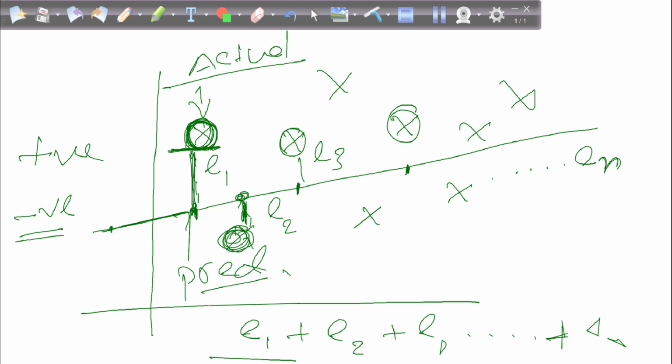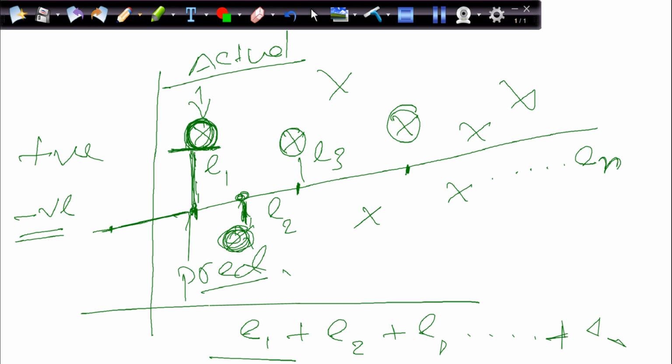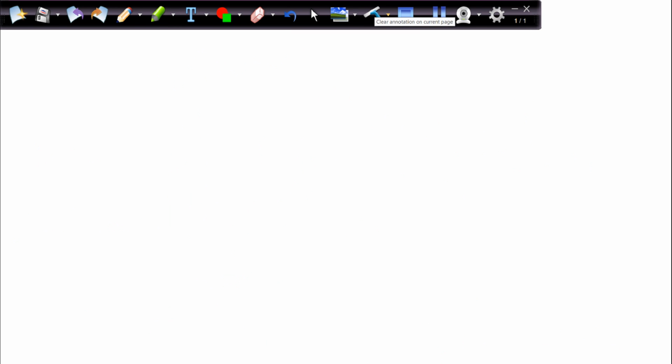So rather than just summing the errors, we can take the absolute value of it, and that is called absolute mean error. So the formula for absolute mean error is like this. Let me write it.